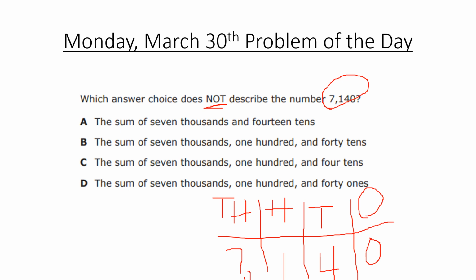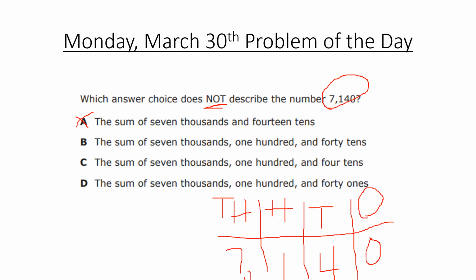Okay, looking back at my chart, I have a 4 in the tens place, and I have a 1 in the hundreds place. 14 ten sticks is the same thing as 140, so this answer is correct. Remember though, I do not want a correct answer. This says, does not describe the number correctly. So I'm going to eliminate answer choice A because I know that this one is correct and I'm looking for an answer that is not correct.